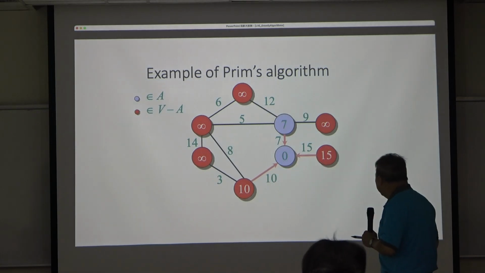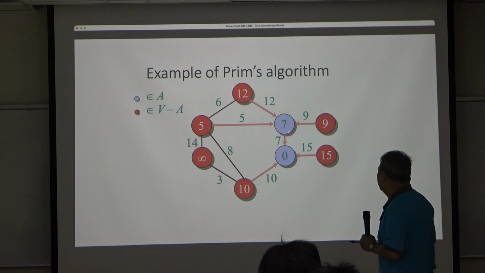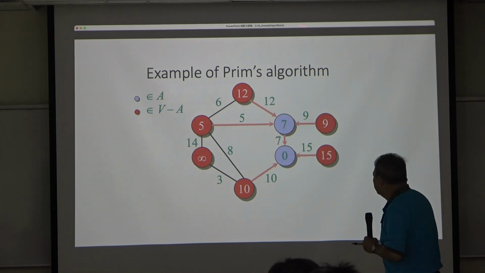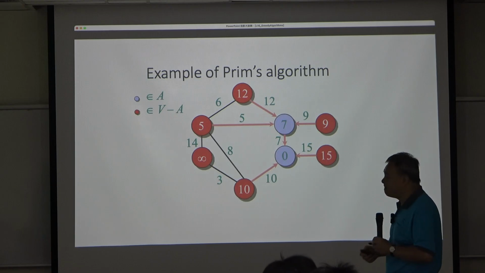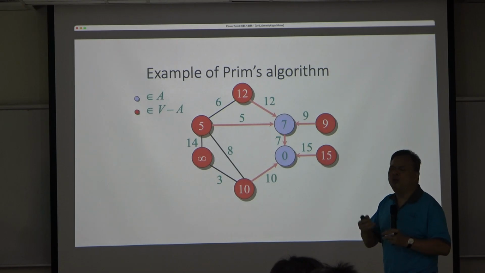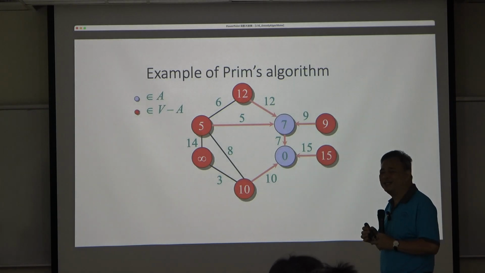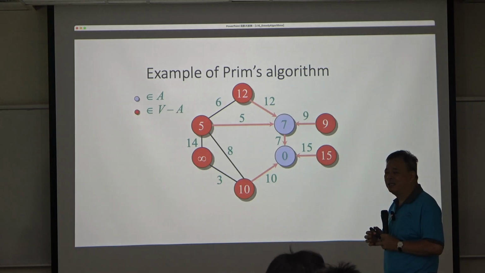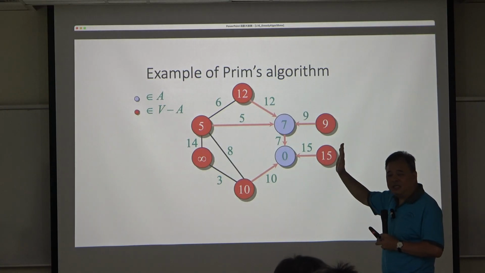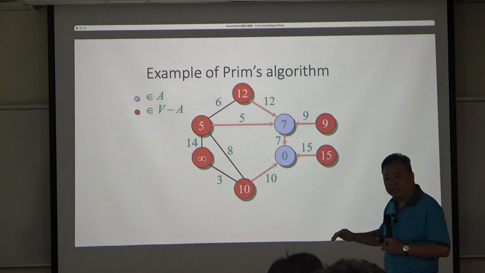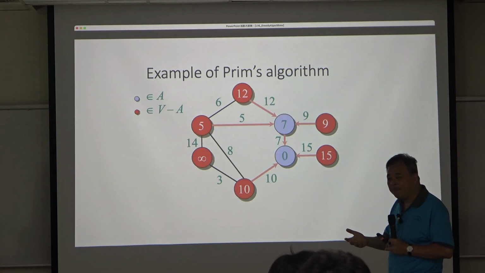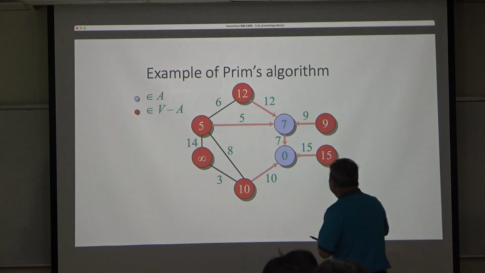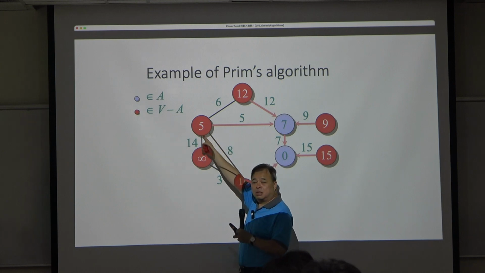Once you made this change, in the next round, which edge has to be selected? Or put it another way, which node will be selected? Looking at the red nodes, which value is the smallest?